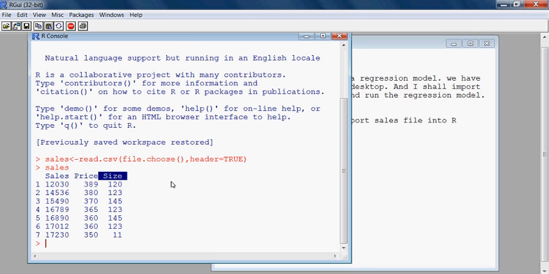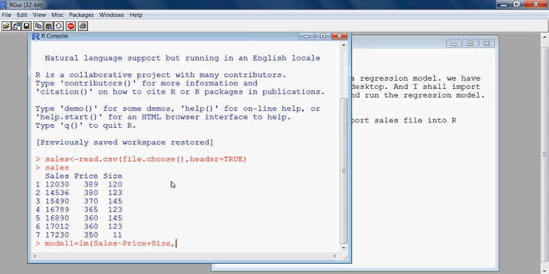So how to make it? I write the command model1. Suppose the model name is model1, then I write lm. First is our dependent variable, that is cells, then my other variables, price plus size, and price and size are the independent variables.